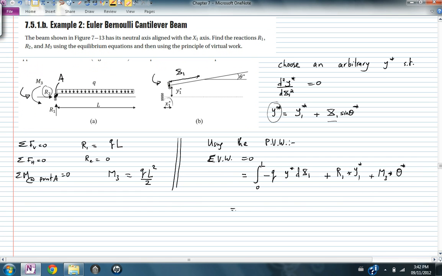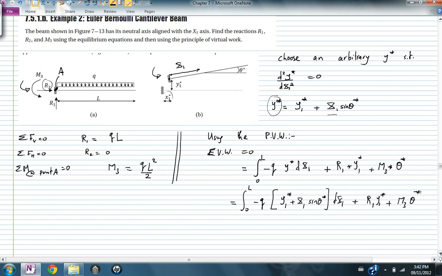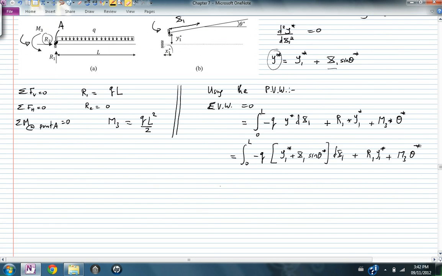So this is equal to the integral from 0 to L of negative Q, y1 star plus x1 sine theta star, so this is equal to negative QL y1 star minus Q sine theta star L squared over 2, plus R1 y1 star.